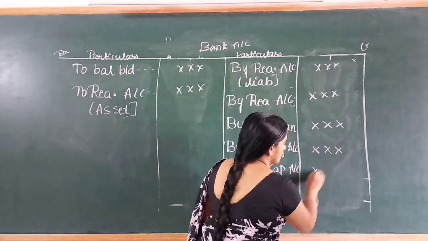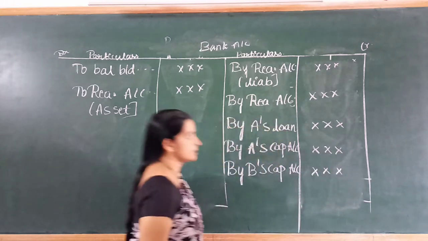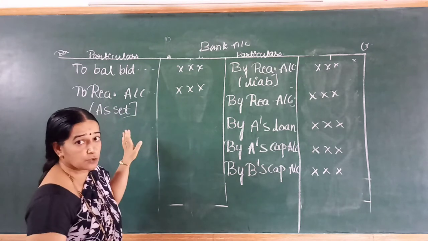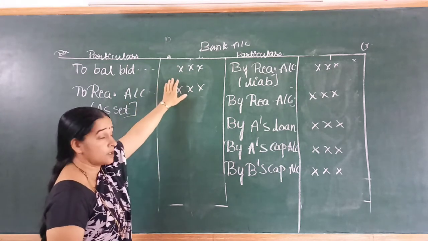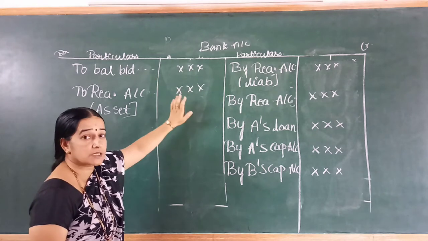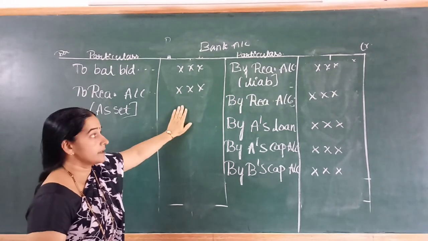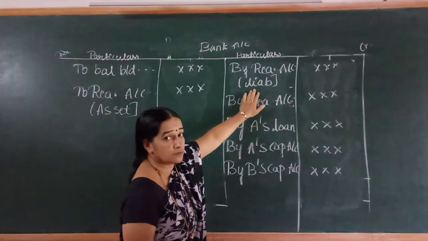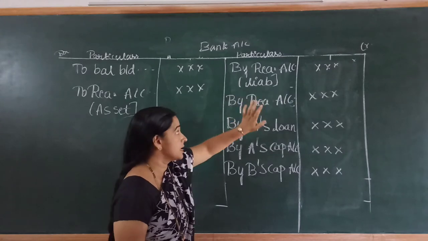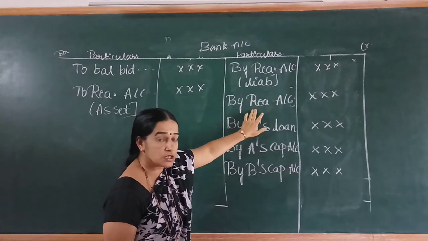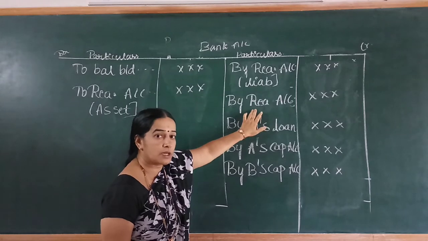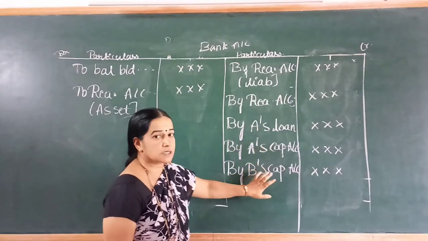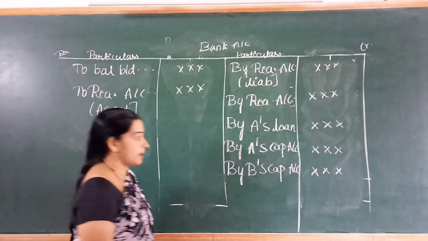This is the final balance of each partner that will be paid. On the debit side, what entries are to be made? First the balance is brought down, next the realized value of the asset. On the credit side all the payments are made: by realization for the payment of outside liability, next for the payment of realization expenses, then the partner's loan amount, which will be paid in the third step, and the fourth step is to pay the partner's capital balance.